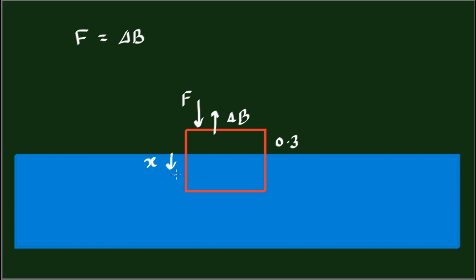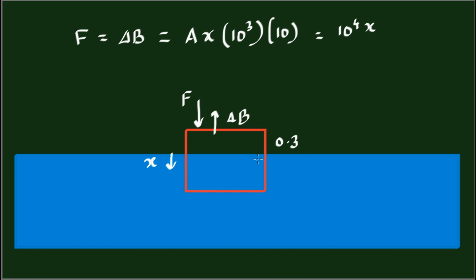When it is displaced by an amount x downwards, the increase in the buoyancy is the cross-section area times x, that is the extra volume of water displaced, multiplied by the density of water, multiplied by g, which I'll take as 10. And remember, the cross-section area is 1 square meter, so this simply becomes 10 power 4 x.